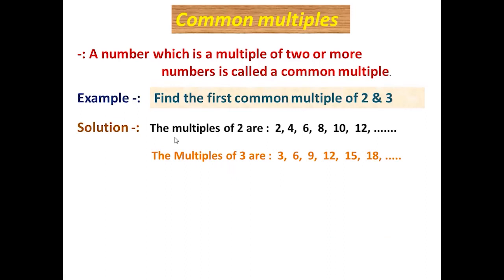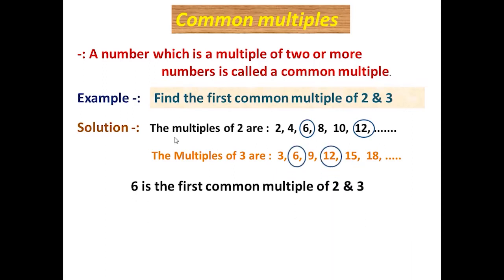Now see here which numbers are common? 6 and 12. So 6 and 12 are common multiples of 2 and 3. And so children, here we find the first common multiple of 2 and 3. So 6 is the first common multiple of 2 and 3.